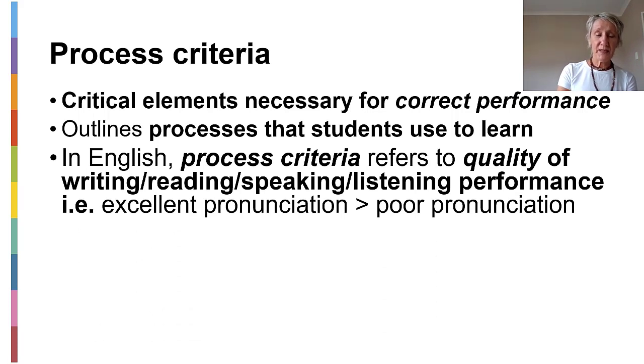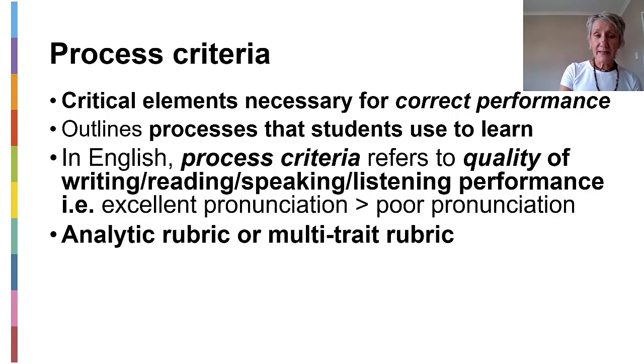So for instance, if you've got English, you might have process criteria refer to the quality of either the writing, the reading, the speaking, the listening performance. So for speaking, you might be looking at pronunciation, and then you would differentiate between excellent pronunciation, you could hear everything, words all well pronounced, that'll give them a 4, which is the highest, or they couldn't say 10 words, they're poor pronunciation, whatever it might be.